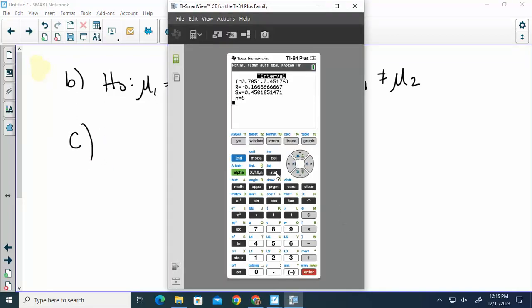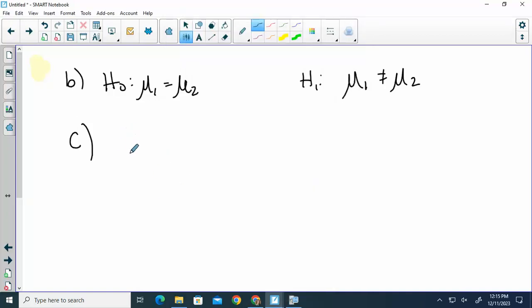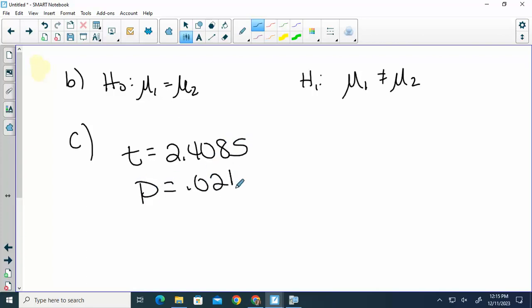All right, so C, you'll enter your data in L1 and L2. And then what do we go to? Stat, test, and this one would be 2 sample, number 4, 2 sample t-test. And when you do that, you should get your t to be, and the p 0.0218.